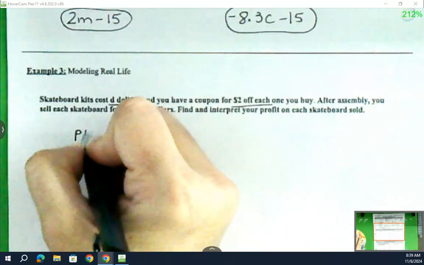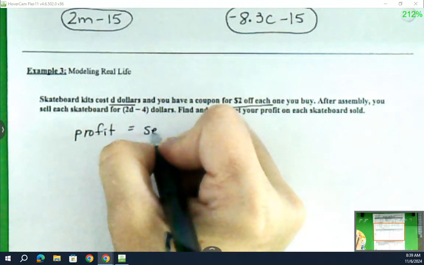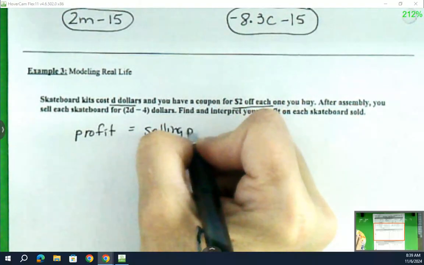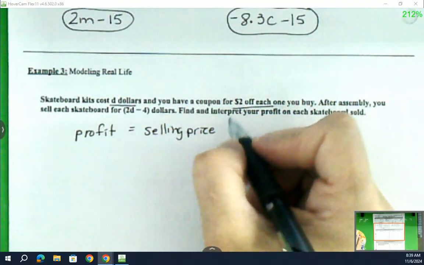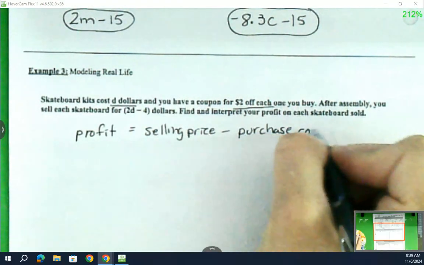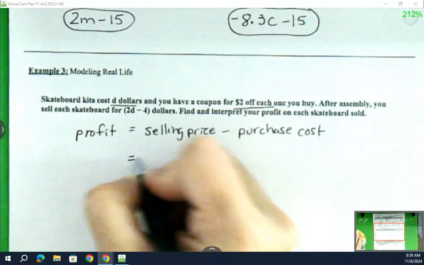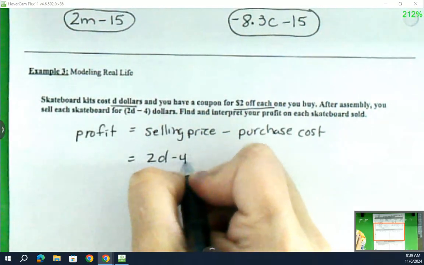So profit is your selling price minus the purchase cost. So we have to take that difference. We're going to have 2D minus 4.